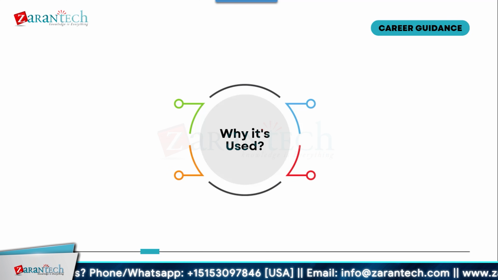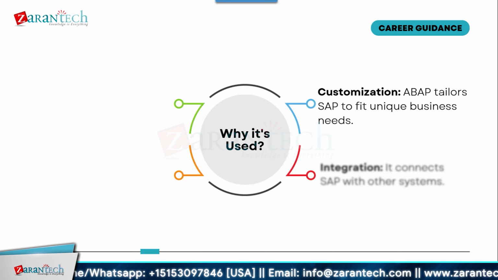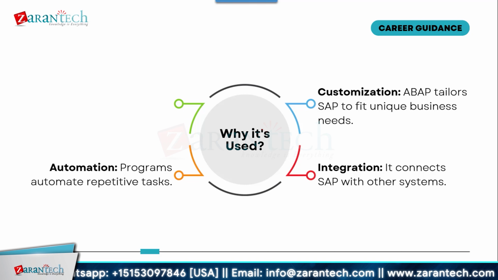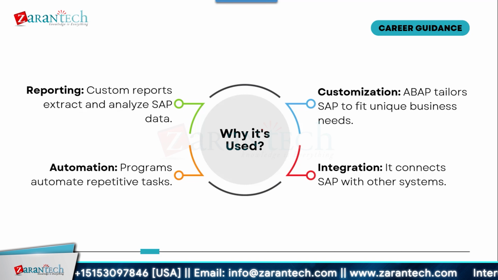Okay, now ABAP is widely used in SAP systems because it provides flexibility and customization for businesses. For example, with customization, ABAP allows companies to tailor SAP modules to meet specific business requirements. Let's say a retail company needs a customized inventory management process.